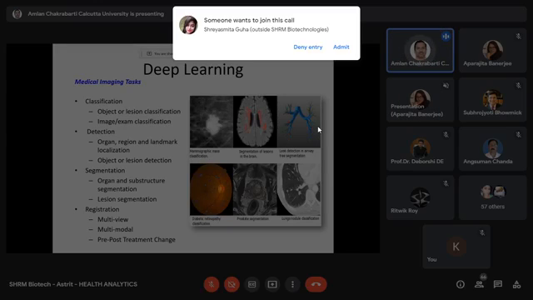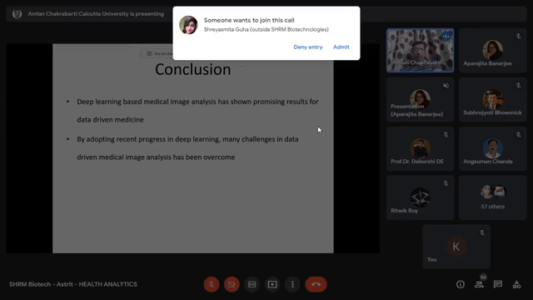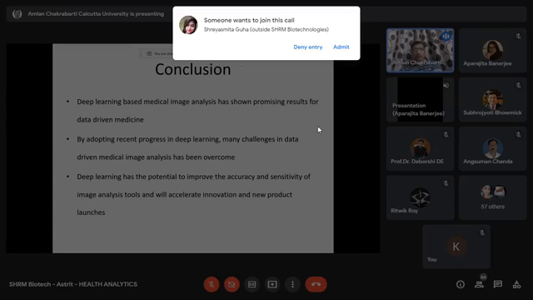And deep learning techniques are very well used. So the conclusion, what I want to say is that this is a very interesting domain, and it is not that we have solved lot many problems. We have solved only a few problems in this domain, and this is a very interesting domain in terms of developing tools to help the doctors. And we know in a country like India that we don't have enough doctors.